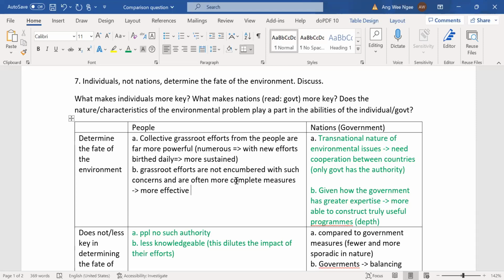Okay, so here you can see that despite the obvious economic impact such environmental measures will cause, grassroots efforts, because they are not so concerned about this need to balance economic progress, are able to really focus their efforts totally.